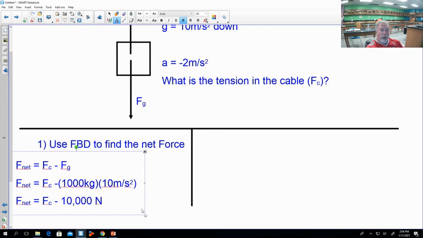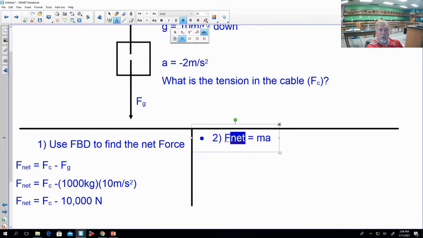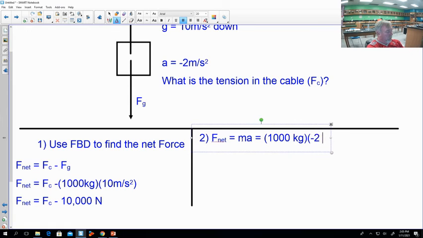Okay. So we still can't find the tension in our cable FC because we don't know what F net is. But we need help from Newton's second law to tell us this. Newton's second law tells us F net is equal to ma. Let's plug some things in, because our problem told us that our mass was 1,000 kilograms and our acceleration was -2 meters per second squared.